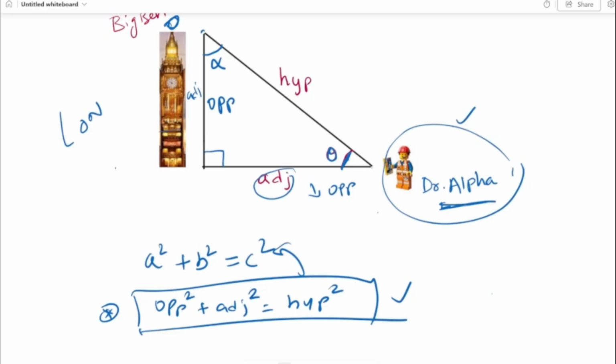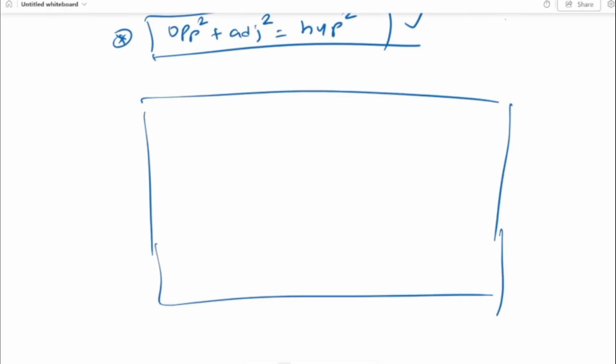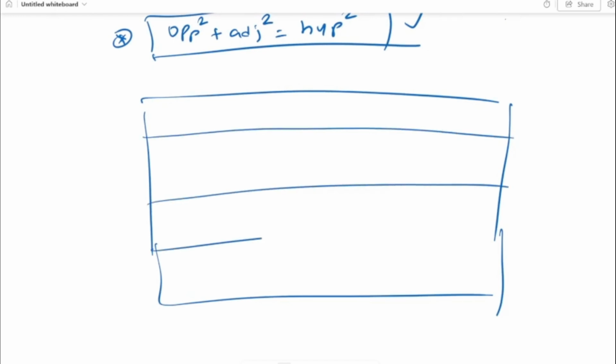Now, in trigonometry, these sides, opposite, adjacent, hypotenuse, define certain ratios. So let's put a grid and define all the ratios here. Remember this.